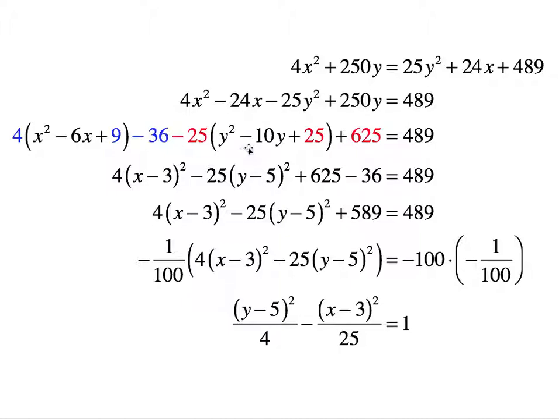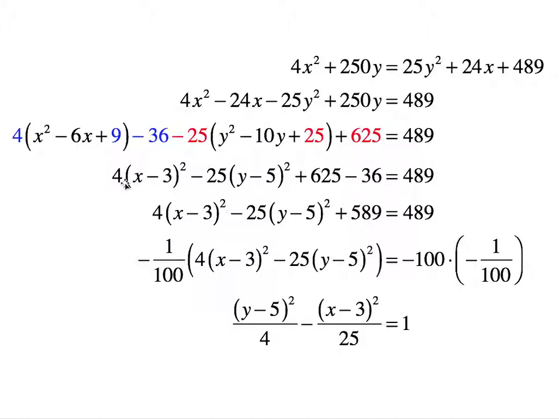And then negative 5 squared is positive 25, so that's what we add here. Well, what we actually added to this side of the equation is negative 25 times positive 25, so that's negative 625. So we add a positive 625 to this side of the equation to compensate for that.